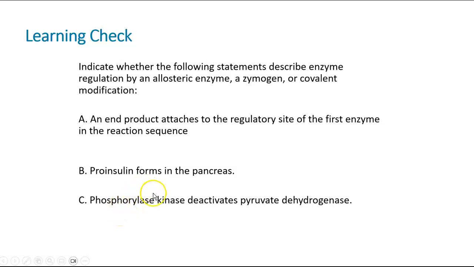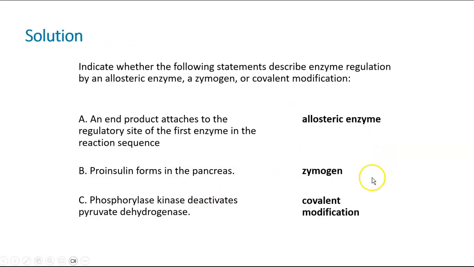If there is a phosphate group attached to the enzyme, then that has to be a covalent modification. And this enzyme can deactivate this particular enzyme. So that's an example of enzyme regulation by covalent modification. So these are the answers.